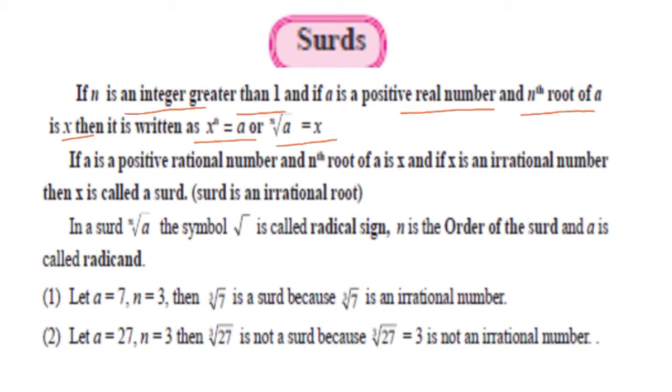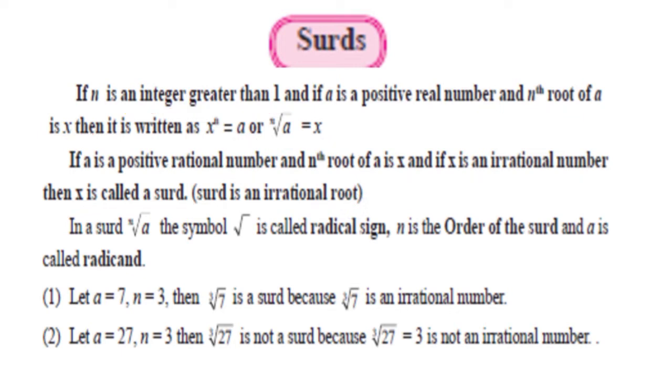If a is a positive rational number and nth root of a is equal to x, and if x is an irrational number, then x is called a surd. Means surd is an irrational root.